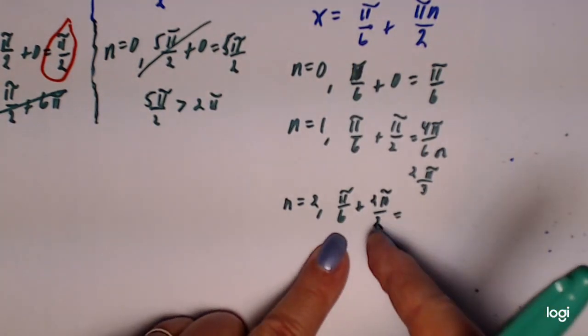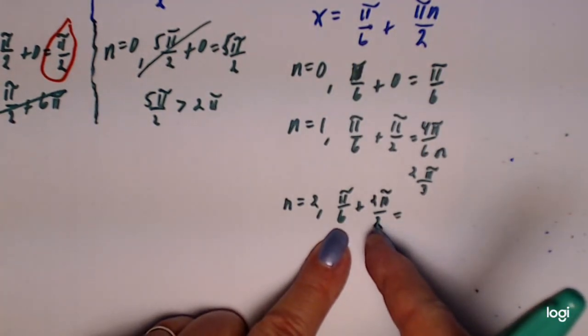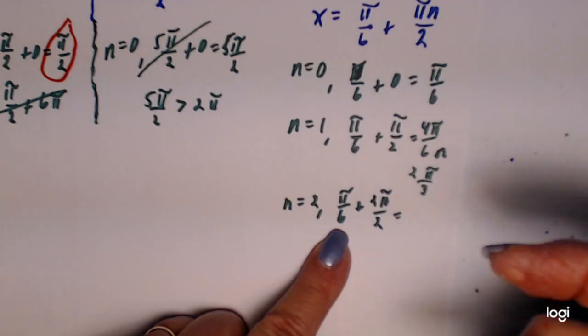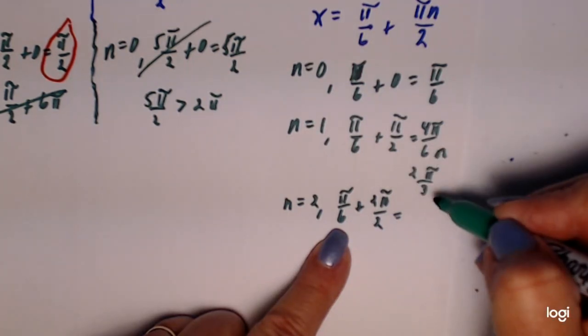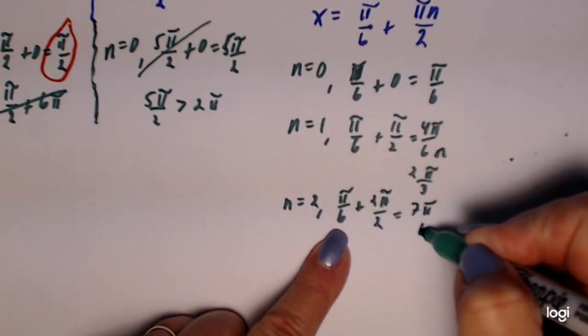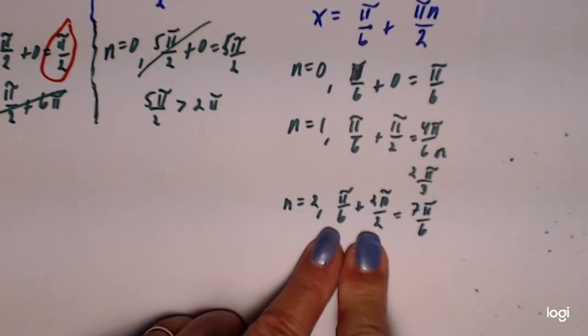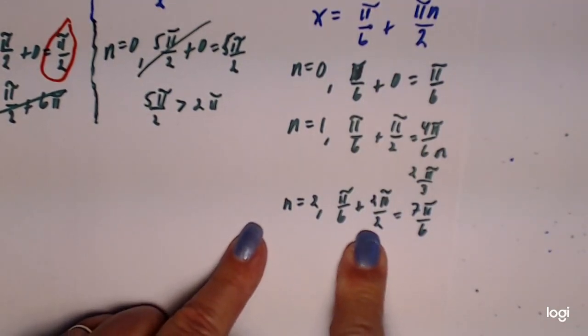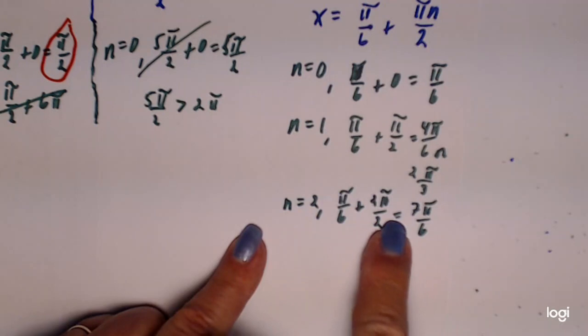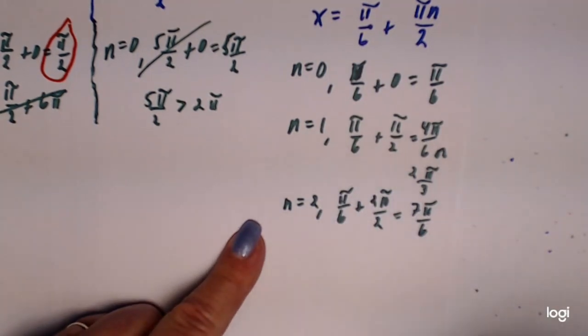Obviously, that's just the same as pi, but I'm just going to keep life simple for now. And when we add these, we get 7 pi over 6. Again, you're going to be adding fractions. So I know some of you have trouble with those. Talk to me.